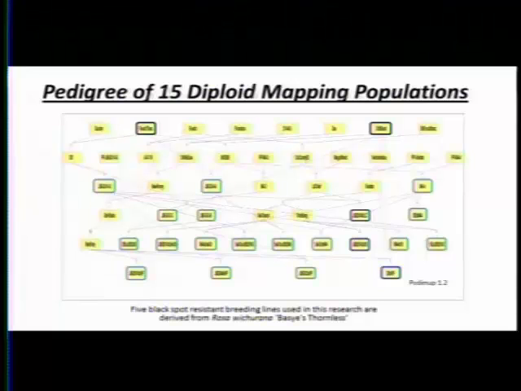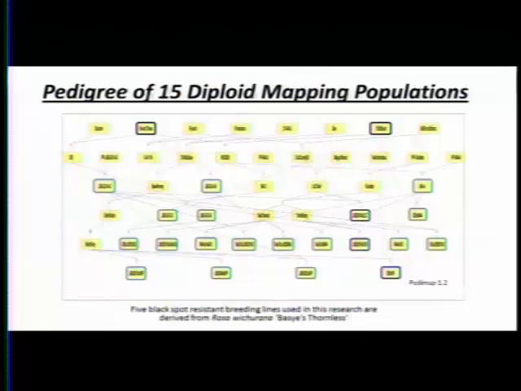Rosa vitriana basiciolis and Old Blush, we believe, are the two resistance sources for our germplasm. Rosa vitriana basiciolis has high resistance to black spot, and Old Blush has medium resistance. Down in the pedigree are our 15 populations.